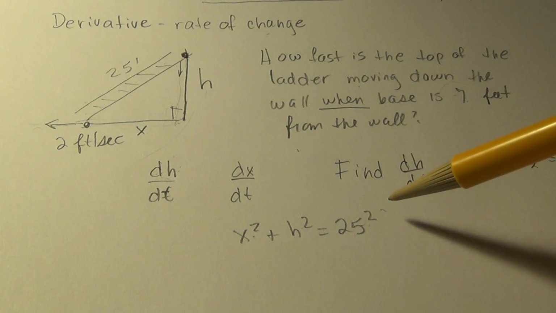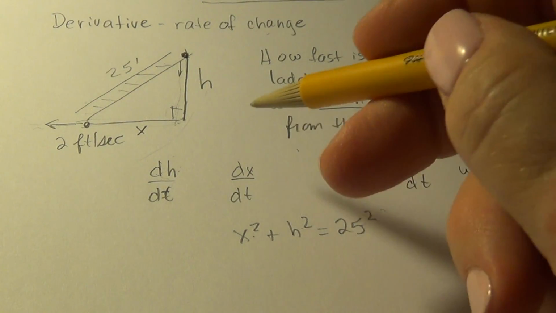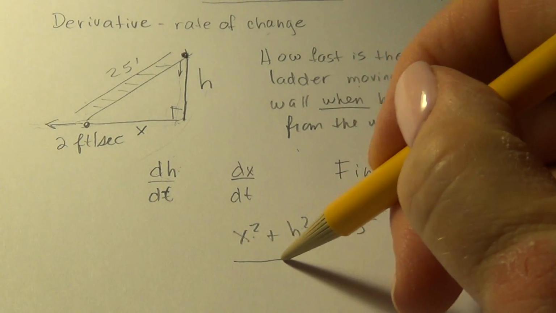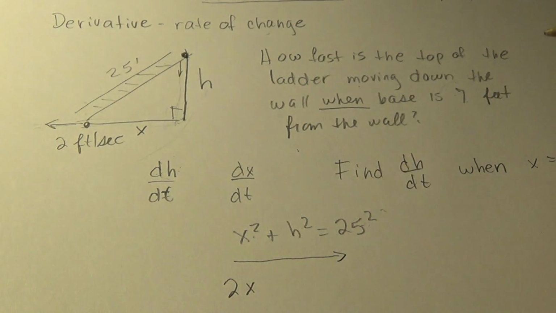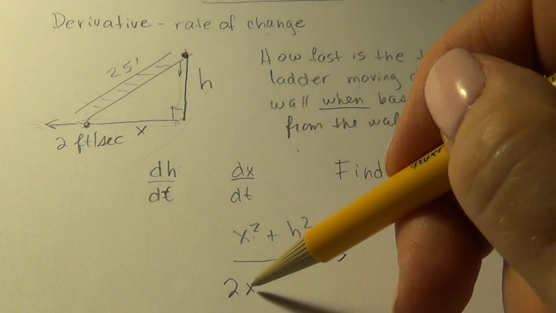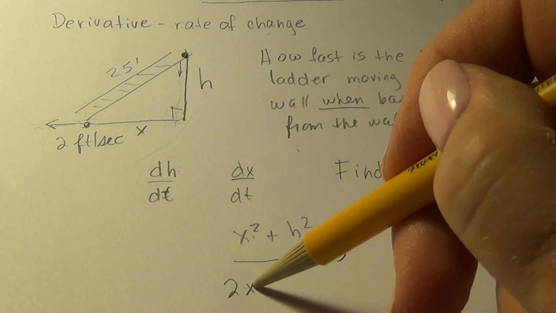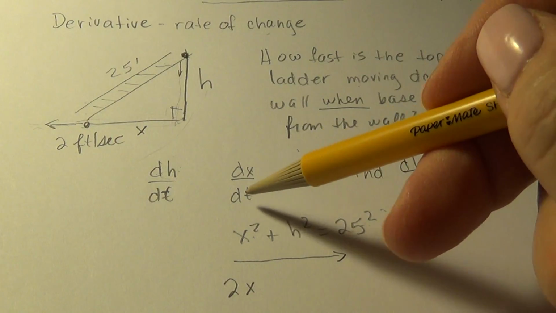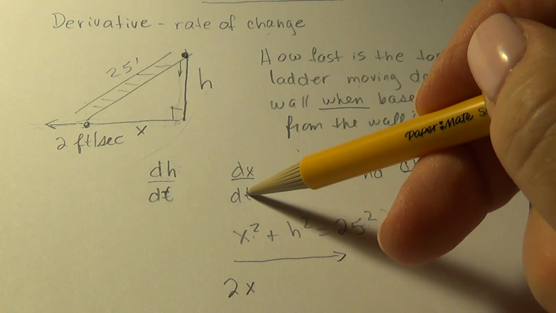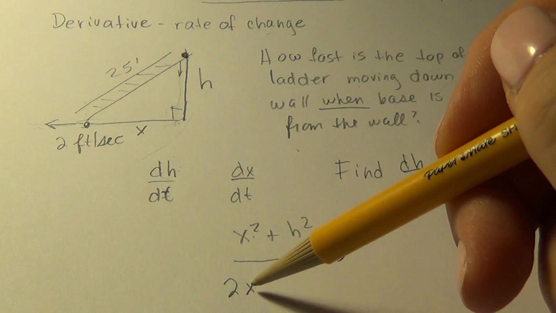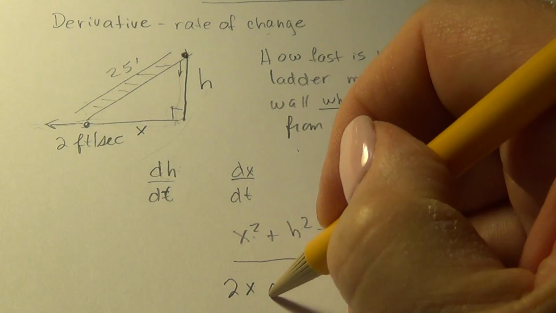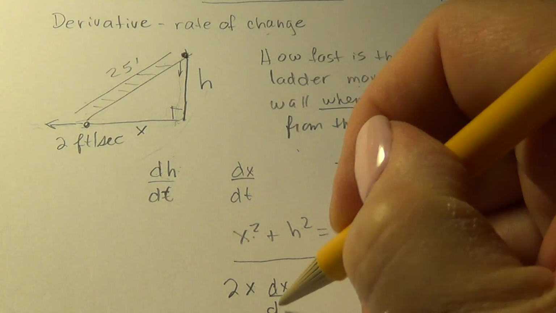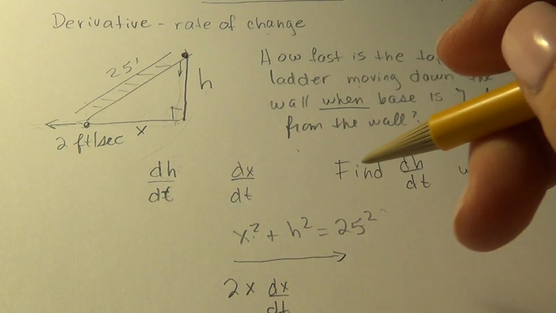And now we're going to differentiate implicitly from left to right. So we get 2x, and then we use the chain rule. Now you're not used to using the chain rule for x, but see, we're differentiating with respect to t. Since x is an expression involving t, we're going to write dx dt using the chain rule for x.